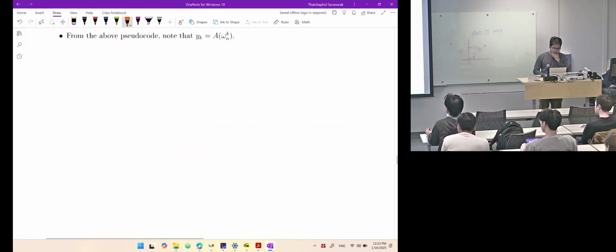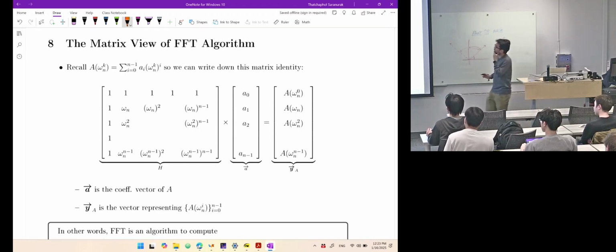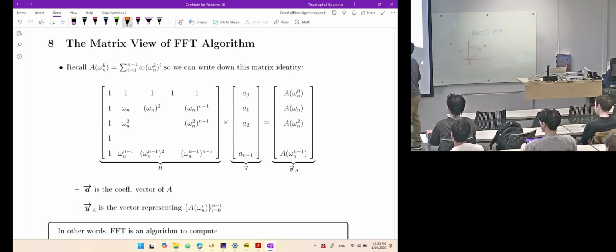How do we do this? We will do this by first understanding our algorithm in a different view, and once we do that, it's going to be clear how to do the last step.